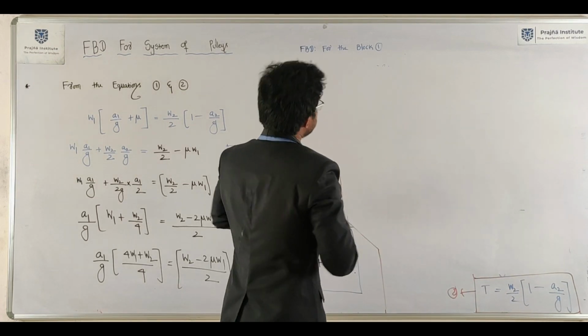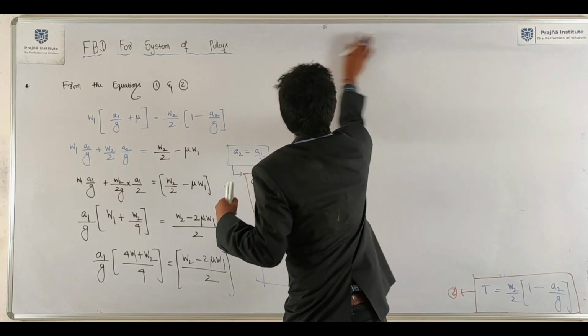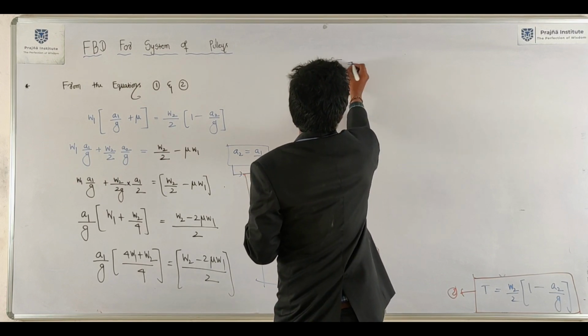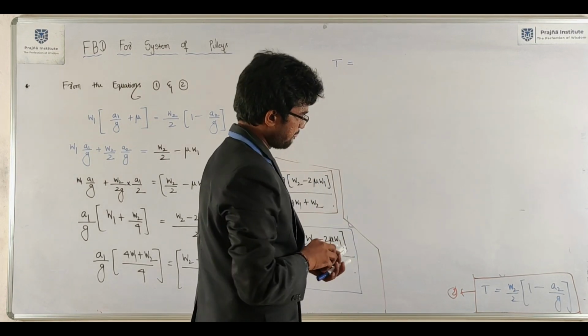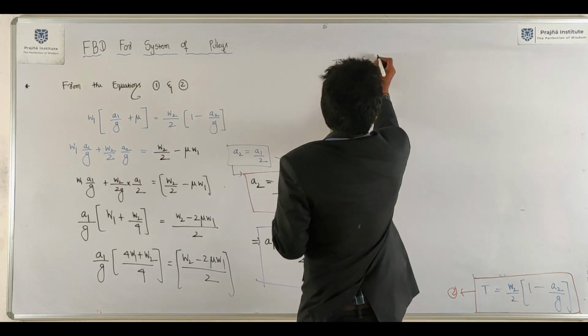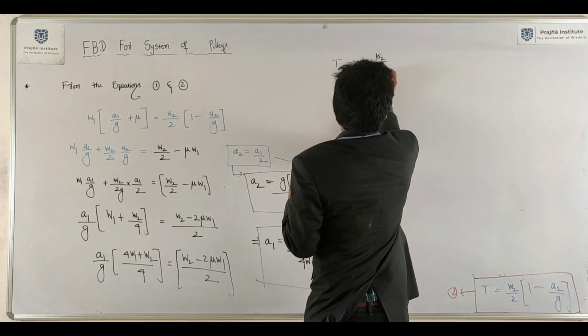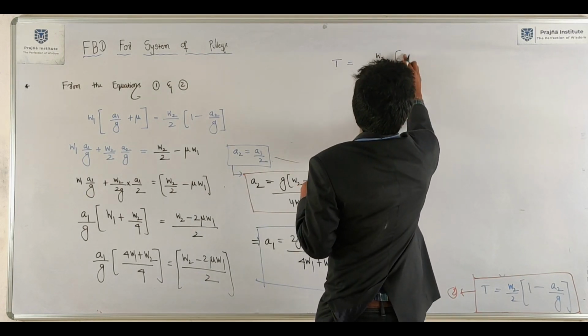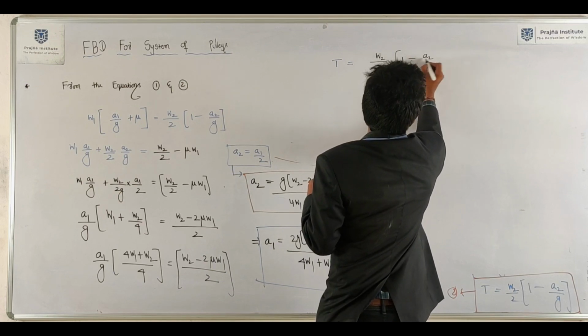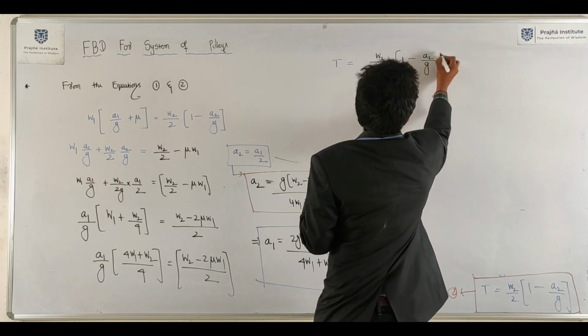What about tension T? Tension T equal to W2 by 2 into 1 minus a2 by g.